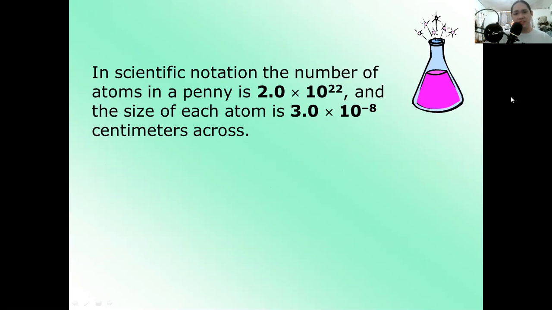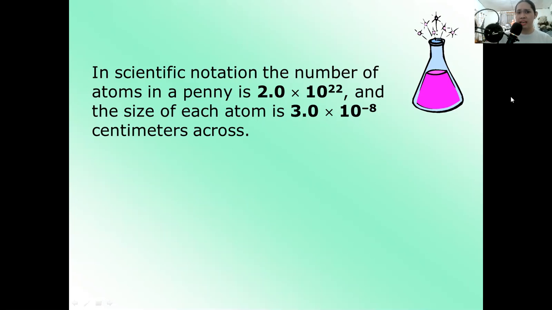In scientific notation, the number of atoms in a penny can be written as 2.0 times 10 to the power of 22. It's a shorthand and it's easier for us to write quickly compared to writing it in standard notation.